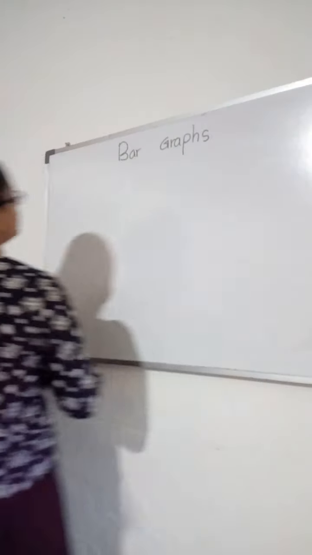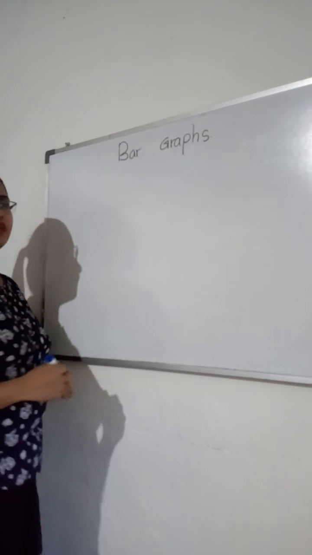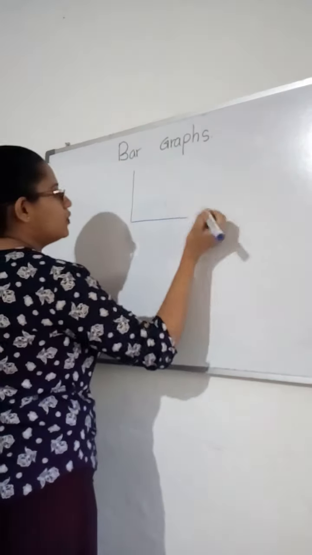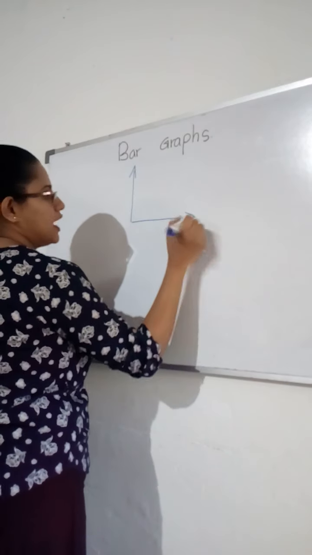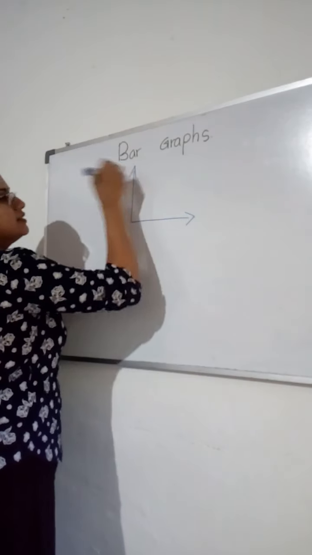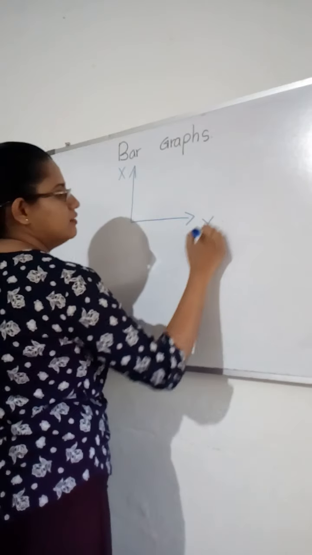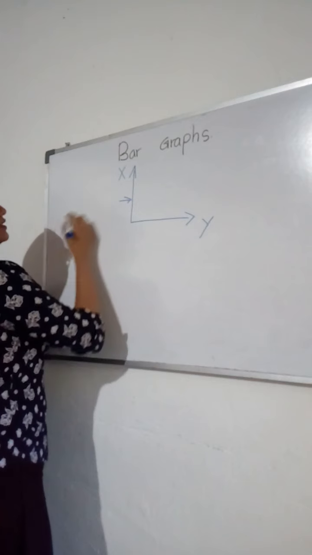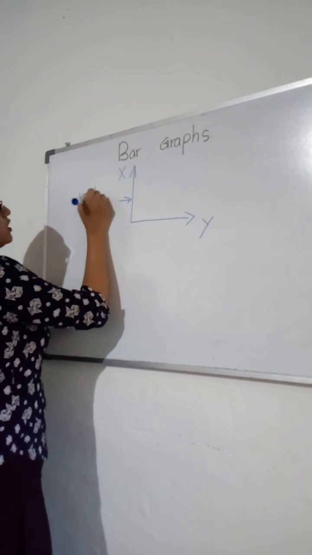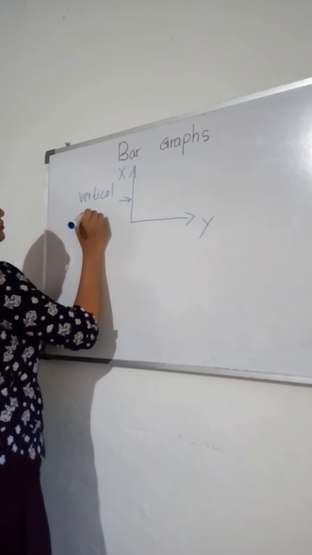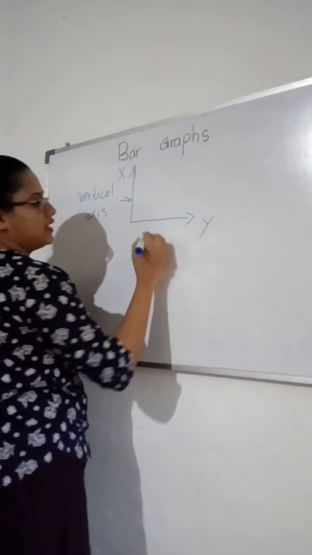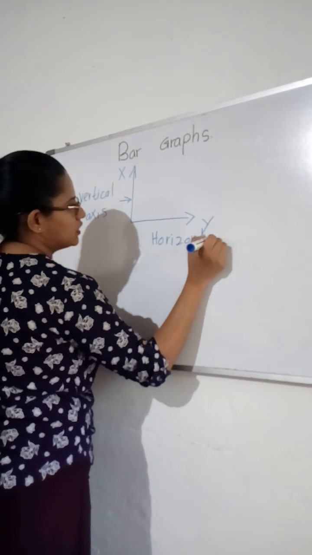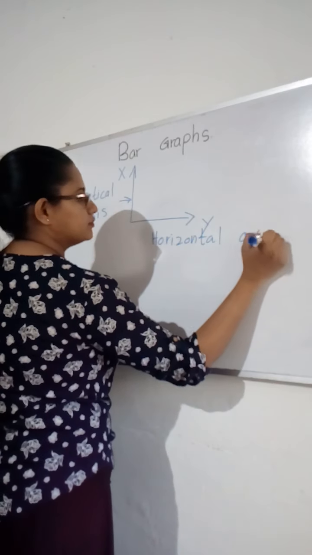Okay, now we are going to describe about bar graphs. We draw bar graphs by using axes. Here is the x-axis, here is the y-axis. X-axis is named as vertical axis. Y-axis is named as horizontal axis.